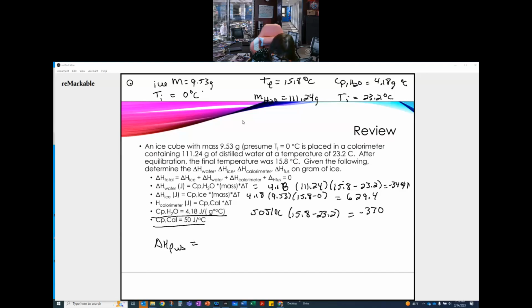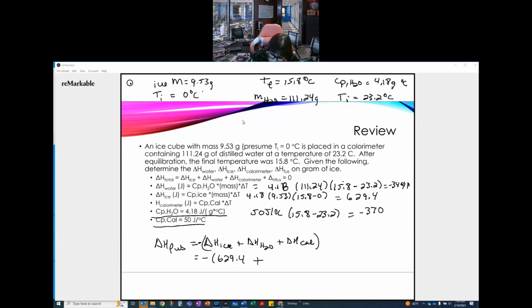So if I wanted to calculate the delta H of fusion, that's equal to the delta H of the ice plus delta H of the H2O plus the delta H of the calorimeter. And of course, this side is negative. So one of the sides has to be negative. It's actually going to be the delta H fusion that we move to the other side. But since we want to find that, I'm going to put the negative on the opposite side. Okay, awesome. So negative delta H for the ice, which I calculated to be 629.4.